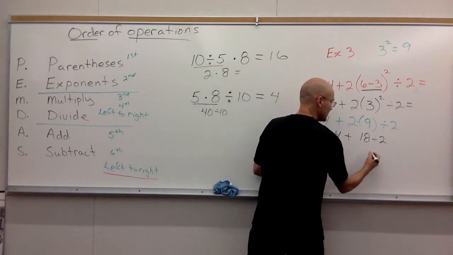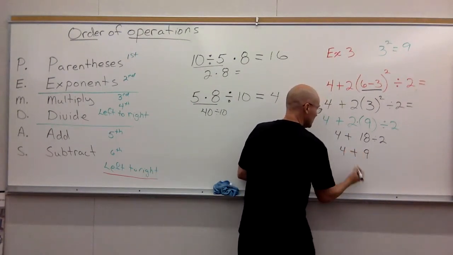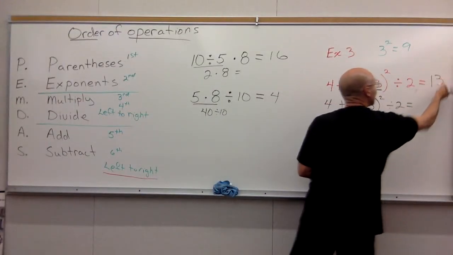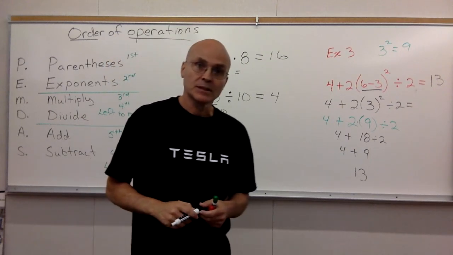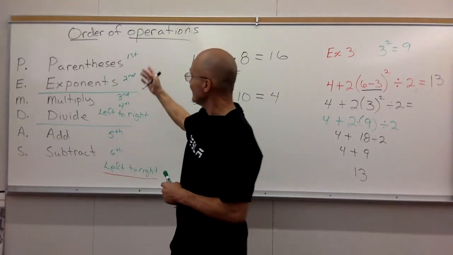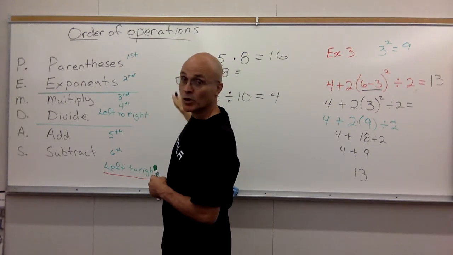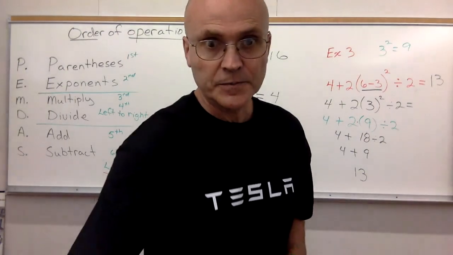And so this turns out to be 9 plus 4. And the final answer is 13. So it's a lot of steps. So let's get some practice with this PEMDAS thing as I put some other problems up and try to work our way through it. I told you it was going to be a longer video.